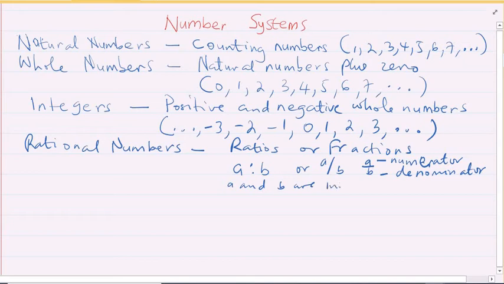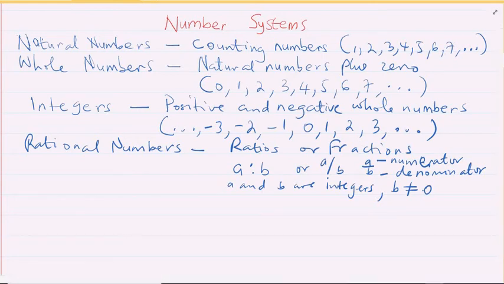They are integers, and B must not be 0. These are the conditions for rational numbers. A can be 0, but B must not be 0, and A and B are integers.